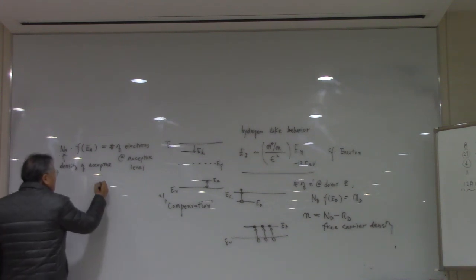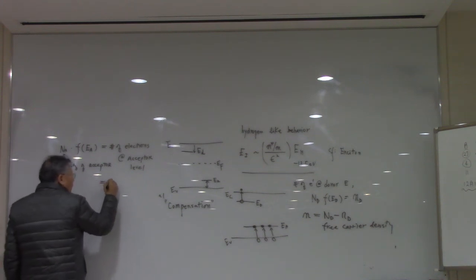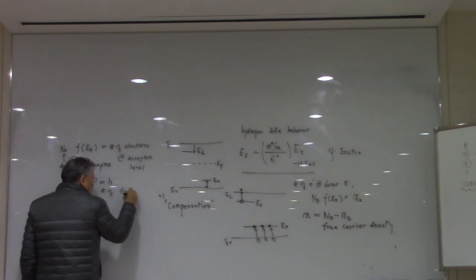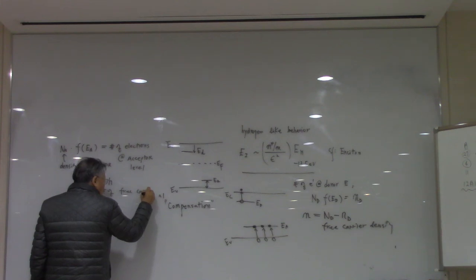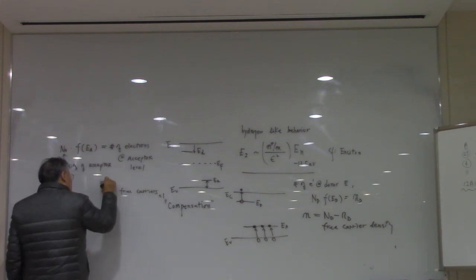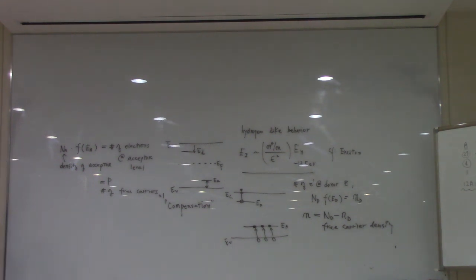So this is equal to the number of free carriers. That is equal to the number of free carriers. Can you see this? Okay.